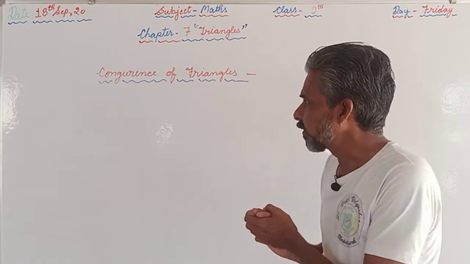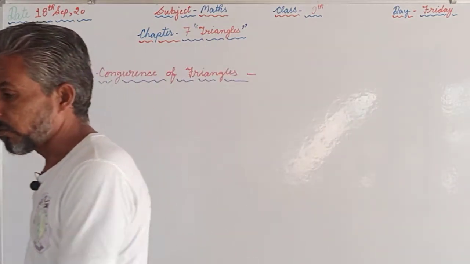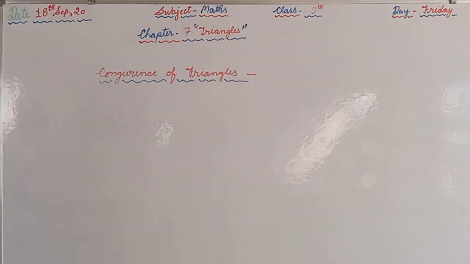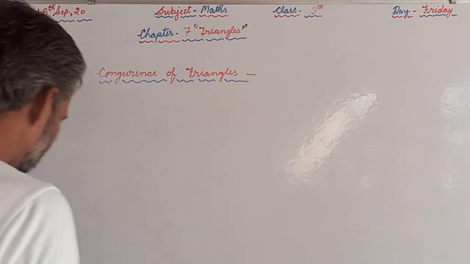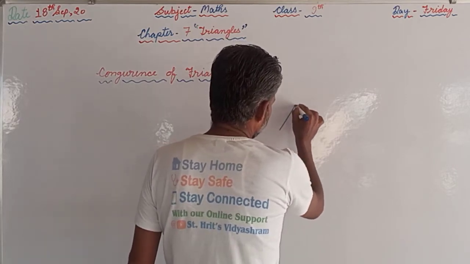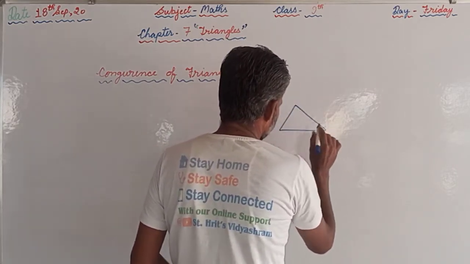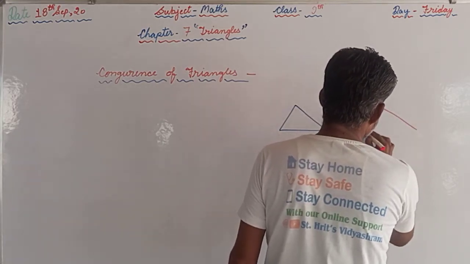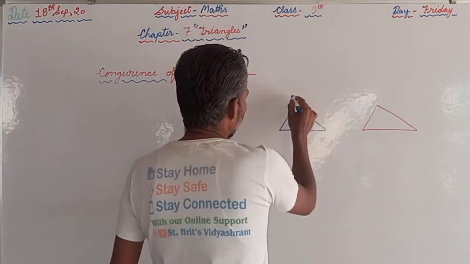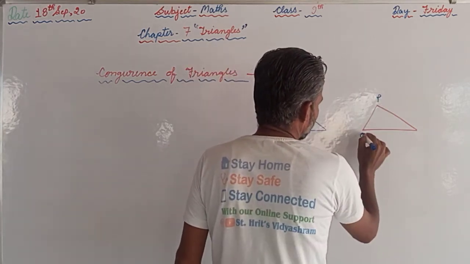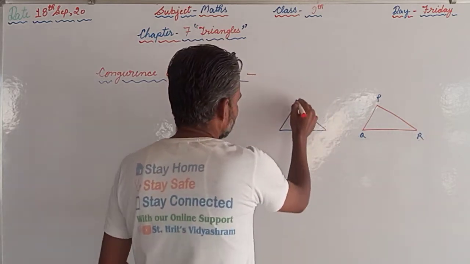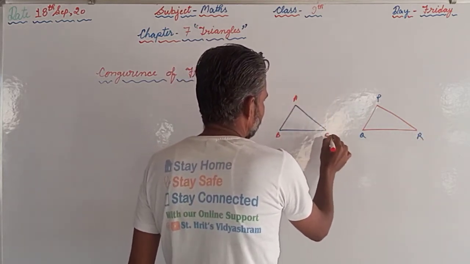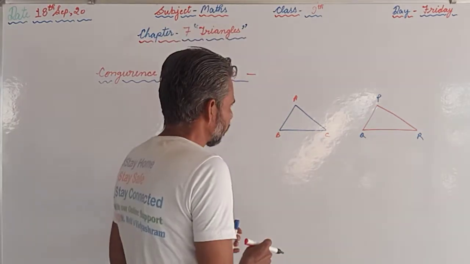So for that we are supposed to discuss some of the congruency criteria, how we can say that the triangles are congruent. First of all I will tell you the congruent triangles like this, one is this and the second one is this. Two triangles are there.